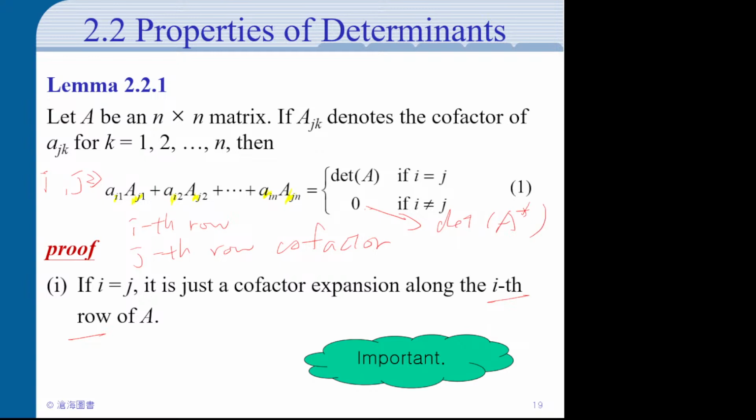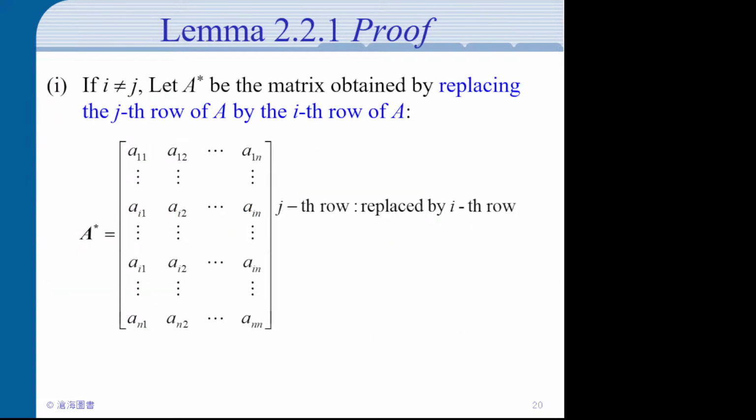Because i not equal to j. So this is the determinant of A star because you expand A star along the jth row here.